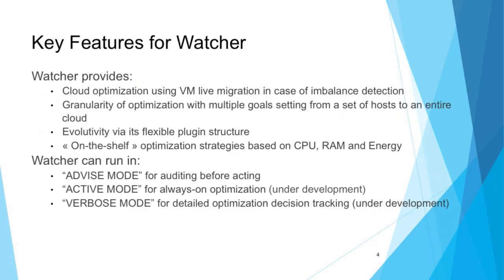So some of the key features of the code today: like I said, we're doing several cloud optimizations around VM live migration, where we detect imbalance. I'll give you a list of some of the algorithms we have, and we have many more in the pipeline. And one of the things I'm interested in, coming from Intel, is what telemetry people are interested in seeing in, for example, Ceilometer and Monasca, so that they can create their own algorithms.